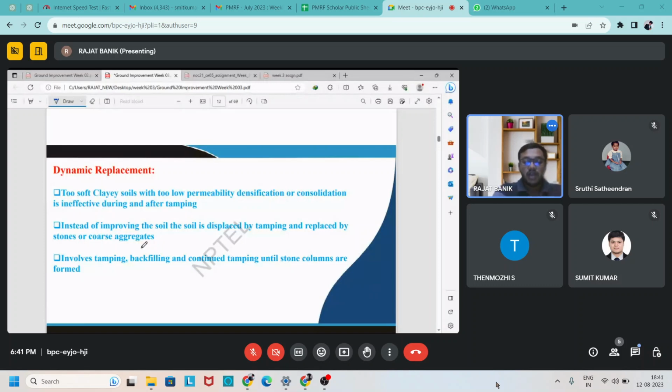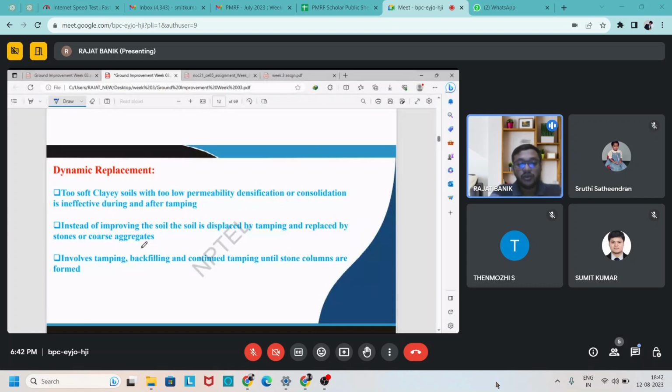This depression or subsidence is filled by good materials. That means by applying the heavy energy, we displace the in situ soil, and this depression or subsidence we fill with good, high strength material like stone or coarse aggregate. So this method is called dynamic replacement. That means for soft clay soil with low permeability, densification or consolidation is ineffective during and after tamping.